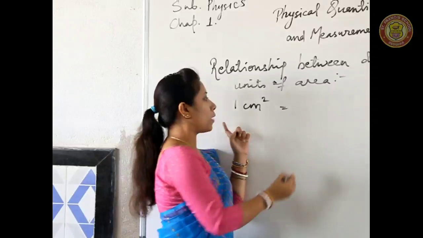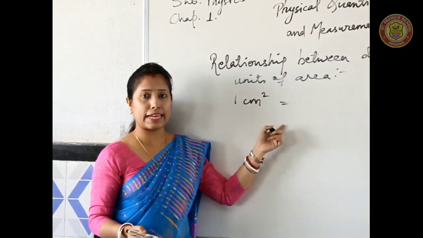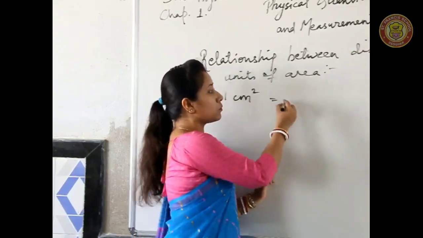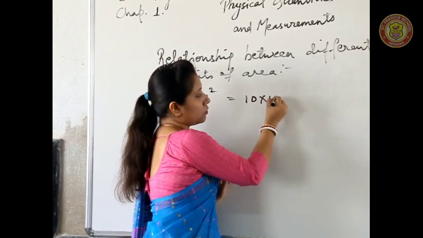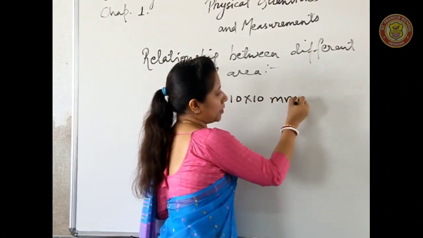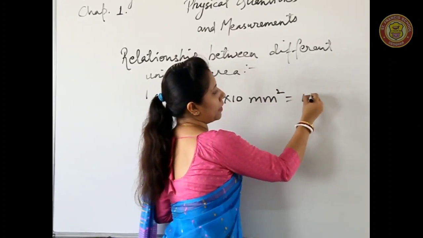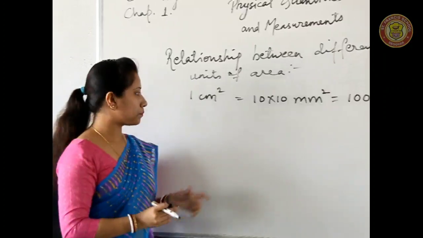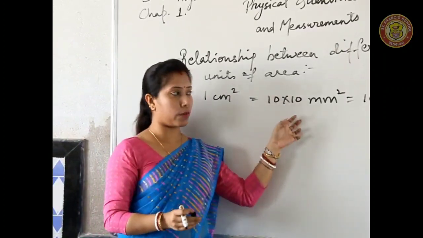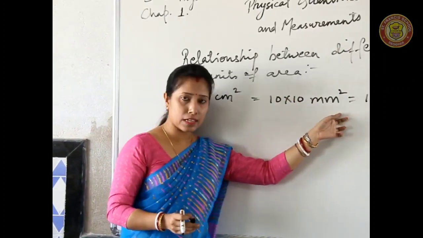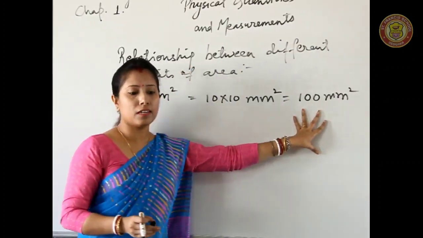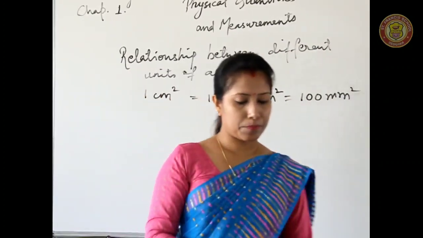As we know, 1 centimeter equals 10 millimeter. So 1 centimeter square will equal 10 into 10 millimeter square, which equals 100 millimeter square.